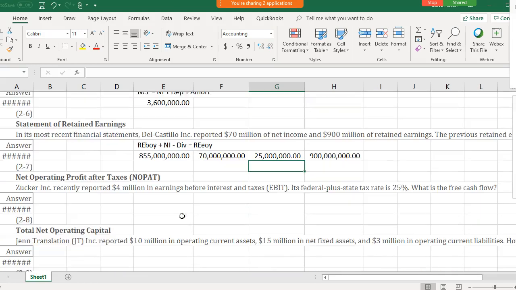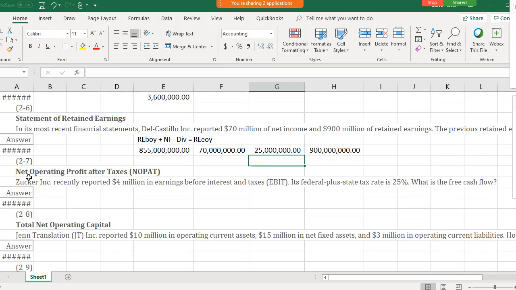Okay, then question 7. It asks for Zucker Inc. It says reported 4 million net earnings before interest and taxes, and a federal tax rate plus state tax of 25. What is the free cash flow? And so this is called net operating profit after tax, NOPAT. You'll see that term a little bit in the chapter.